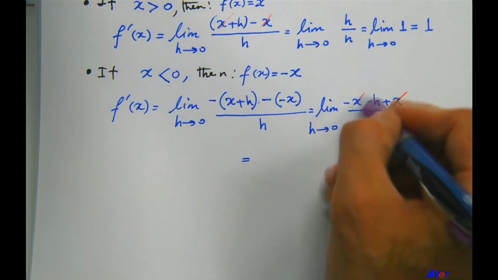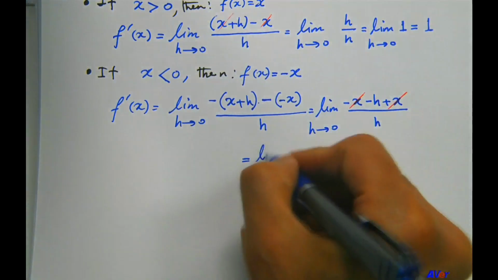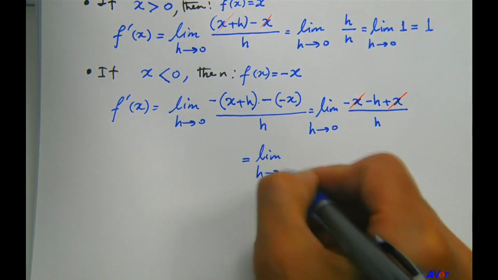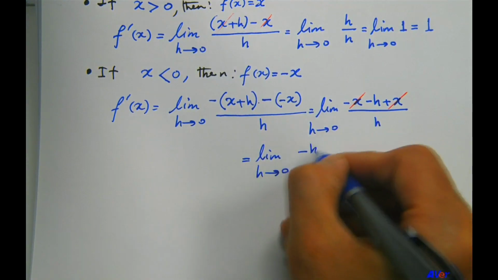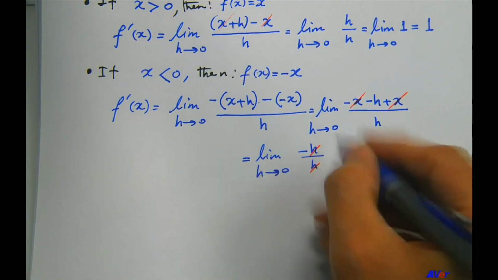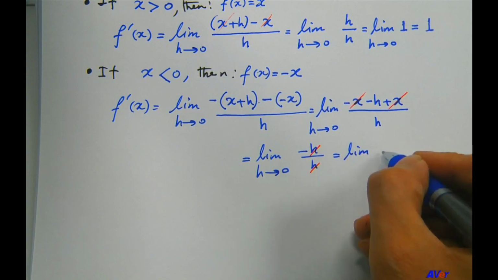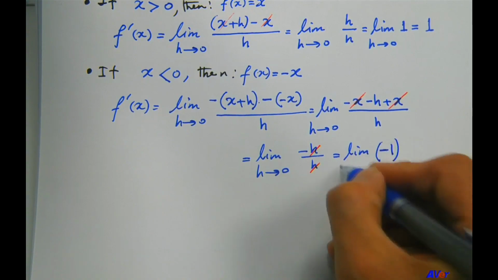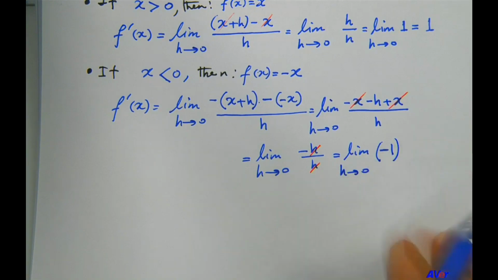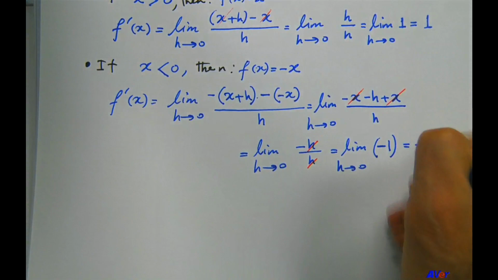These two cancel each other out. And then we end up with limit as h goes to 0 of minus h over h. Then the h's cancel out, and we end up with, of course, limit of negative 1 as h goes to 0. What is that equal to? Of course, we know that is equal to minus 1.